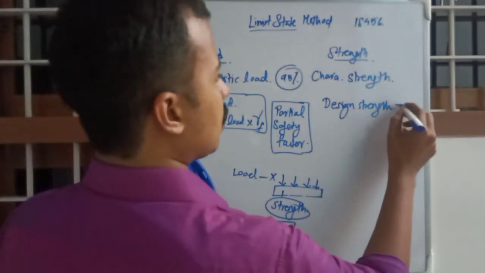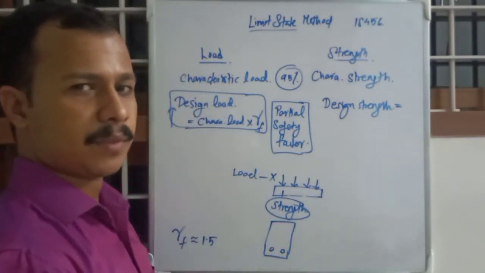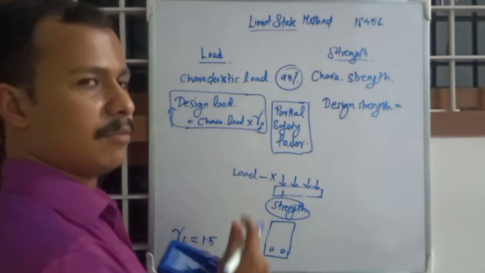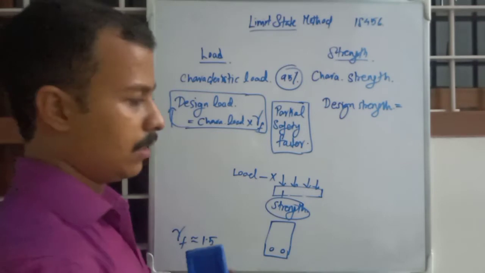Design strength is equal to, how will you consider that? Will you multiply it with a value, or will you divide?